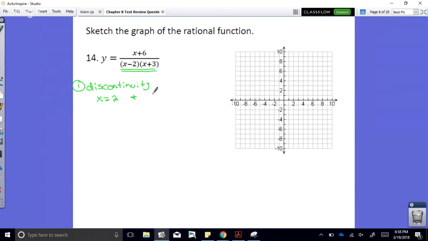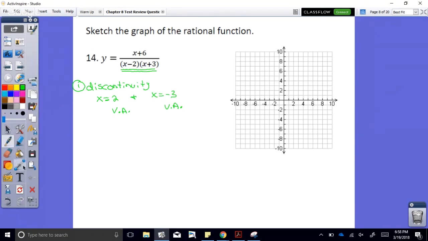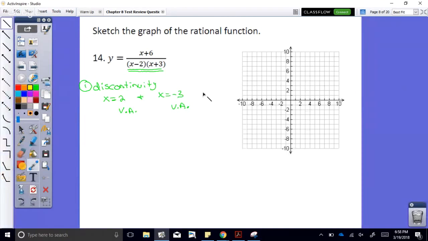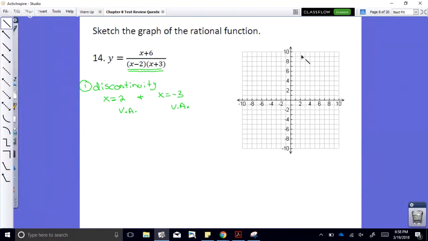And the x plus 3 says we have discontinuity at x equals negative 3. Since neither of these pieces cancel, we're going to have 2 vertical asymptotes, one at each of these values. So I'm going to draw a vertical asymptote at 2 and a vertical asymptote at negative 3.